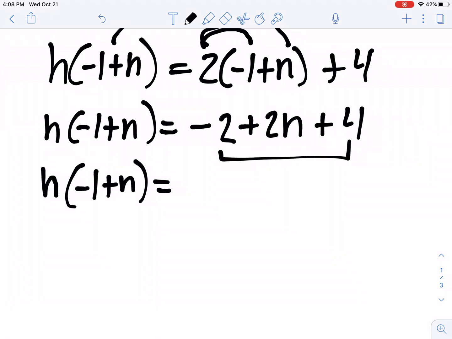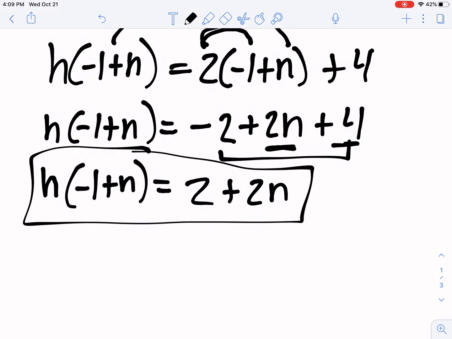Now, is that same sign or different sign? Different sign. So we subtract. 4 minus 2 is 2, and then we keep the sign of the larger one, in this case, a positive 4. So we have 2, and then don't forget the last piece, plus 2n. Okay? Now, we could write it like this, or you could say 2n plus 2. Doesn't really matter. But when my input is a negative 1 plus n, my output is 2 plus 2n.